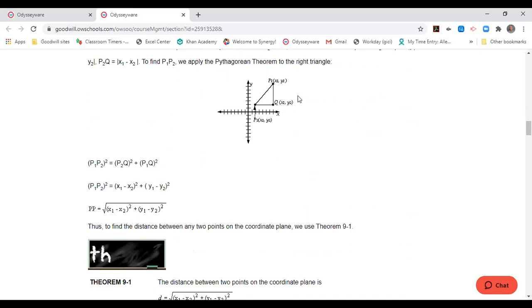So where we're going to have to use this is when we have these triangles here and we're trying to find the distance between these points that are on a diagonal.